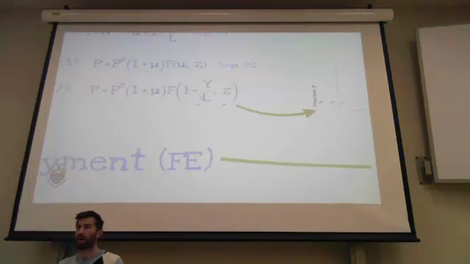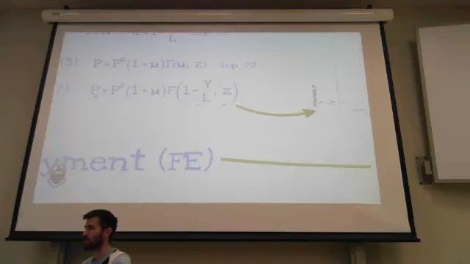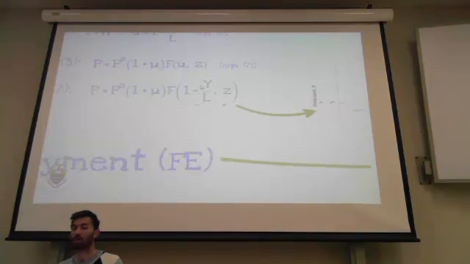But the higher the level of unemployment means the lower the level of output, okay? In other words, the lower the level of output, the lower the price level. Does that make sense? You got that? Okay.